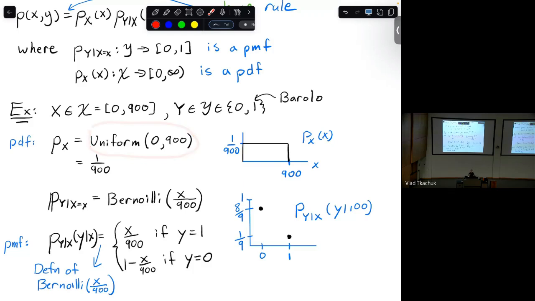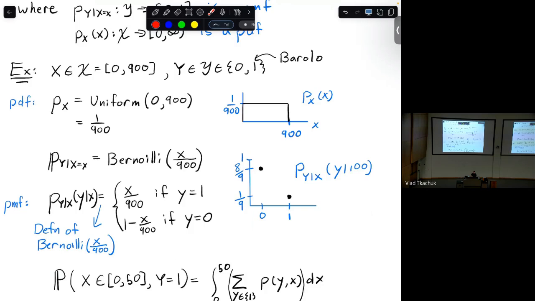That means the PDF of just X, the chemical, is uniformly distributed. So the chance you get any amount of chemical is equally likely, and the density is 1 over 900. It looks like this, and if you integrate this area, you get 1. Okay, so that's maybe a reasonable way to gather these features.